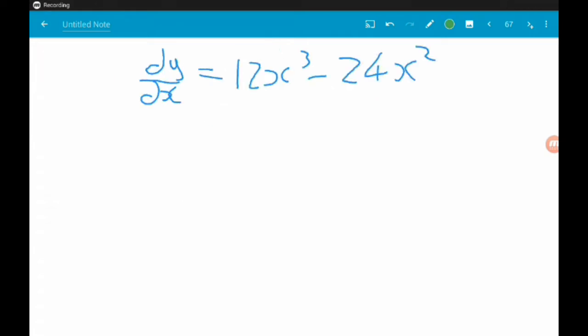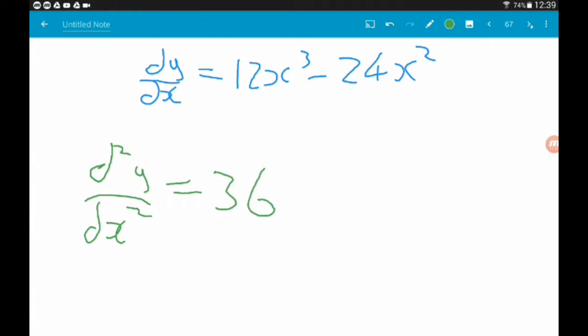Okay, so if our derivative dy by dx is 12x cubed minus 24x squared, d squared y by dx squared, well, that's going to be 36x squared minus 48x.